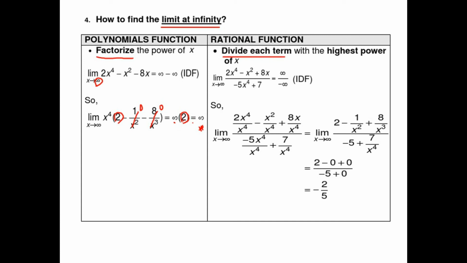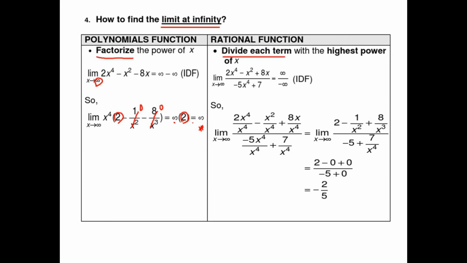So, divide each term by x to the power of 4. Each term is divided by x to the power of 4: 2x to the power of 4 over x to the power of 4, minus x squared over x to the power of 4, plus 8x over x to the power of 4, over negative 5x to the power of 4 over x to the power of 4, plus 7 over x to the power of 4.